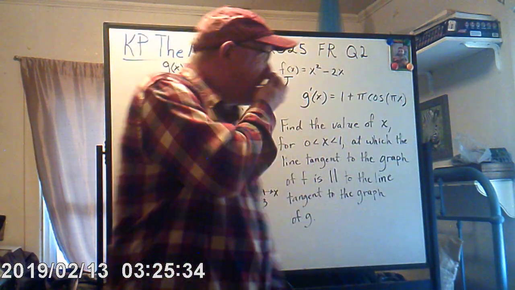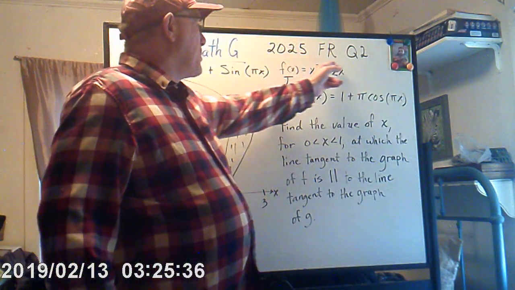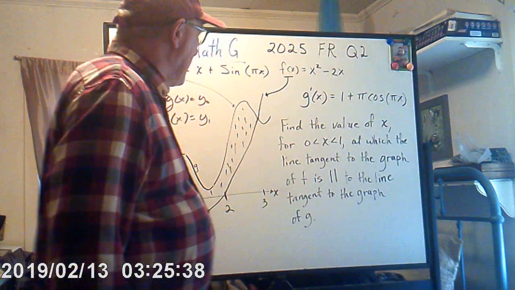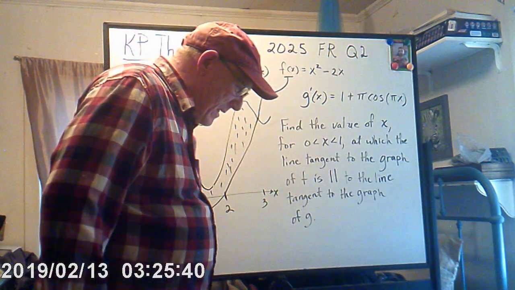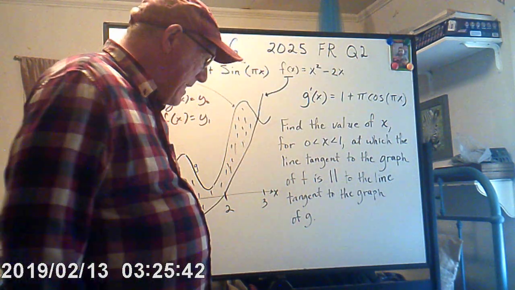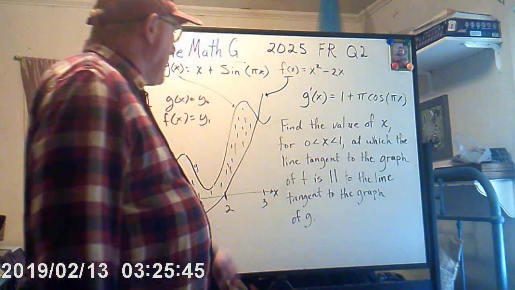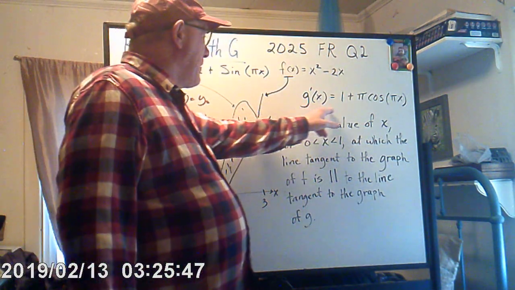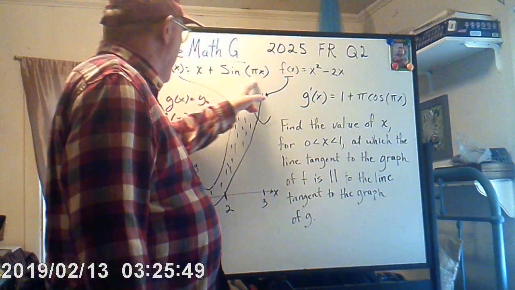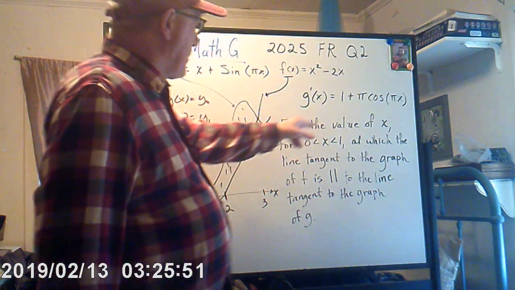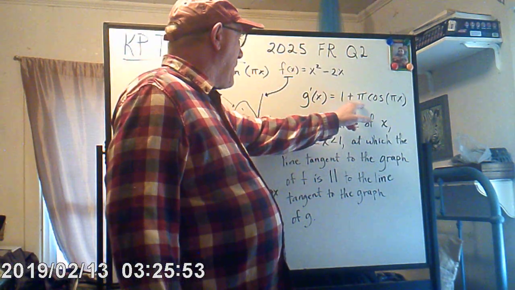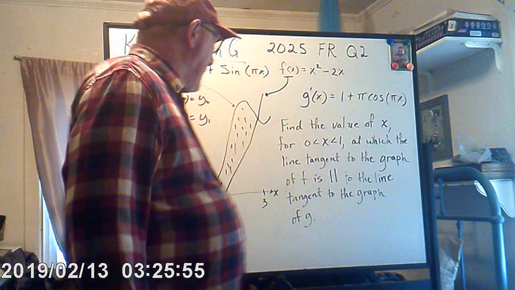Let's look at the problem. It is a 2025 free response, question number 2, part D. It says it can be found that the derivative of g is 1 plus pi cosine pi x.